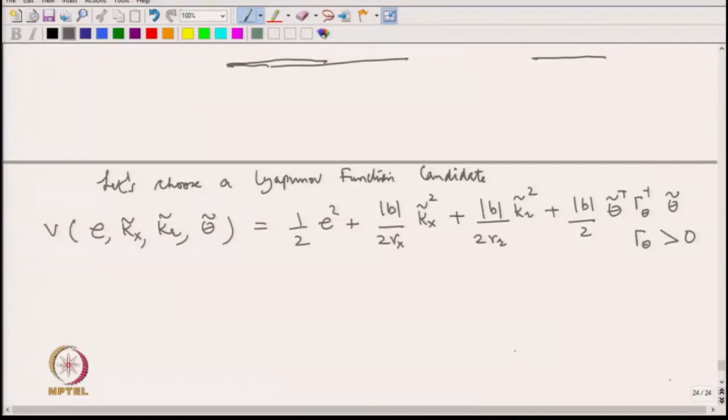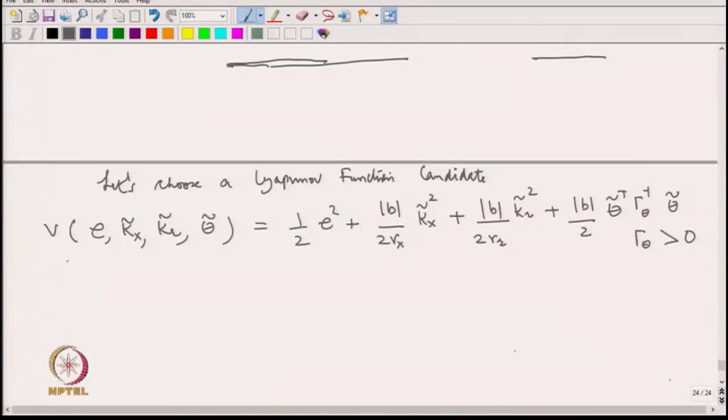This is very similar to the gamma x and gamma r that we have chosen, which are in the denominator. So, here we have gamma theta inverse. Okay, so the next step: this is the Lyapunov function candidate that we have chosen.